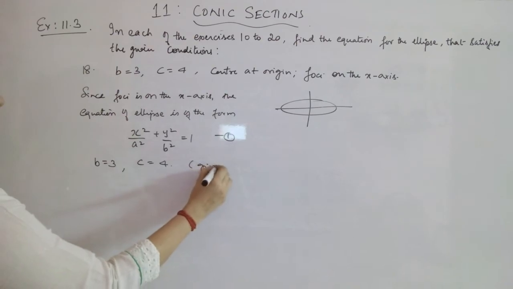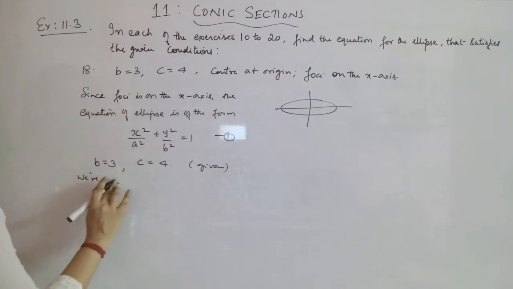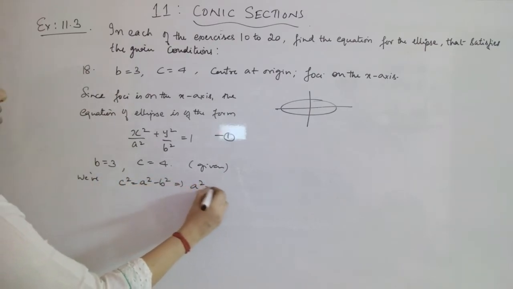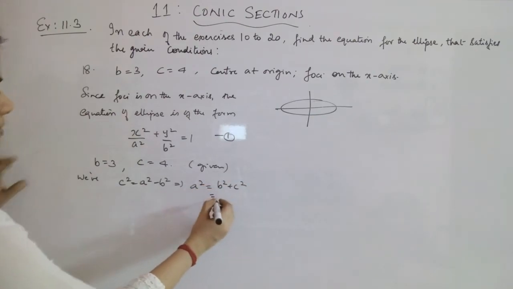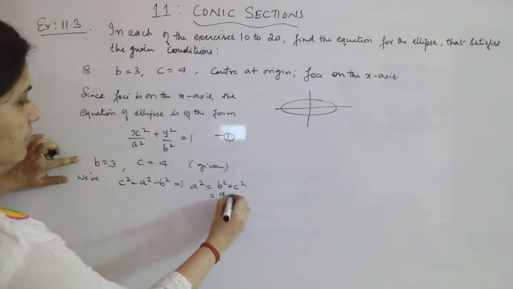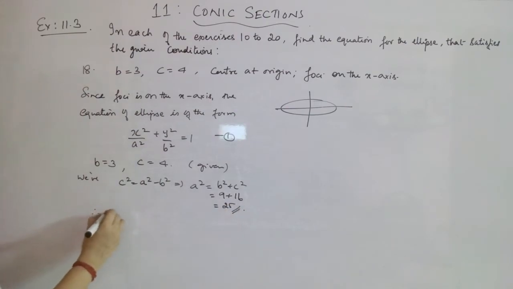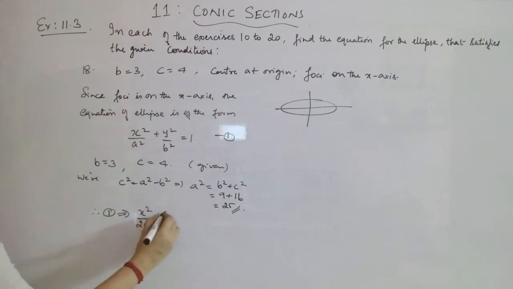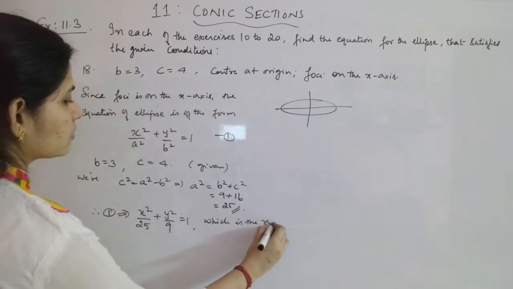And we know the relation, that is c square is equal to a square minus b square. Here you need a square, so it is b square plus c square, which will give you, what is b square? 3 square 9 plus 16 equal to 25. Therefore, the equation will be x square by a square, which is 25, plus y square by b square, which will be 9, equal to 1, which is the required equation.